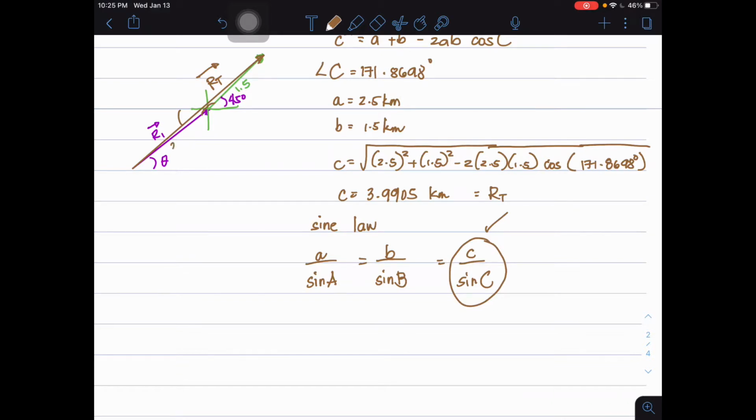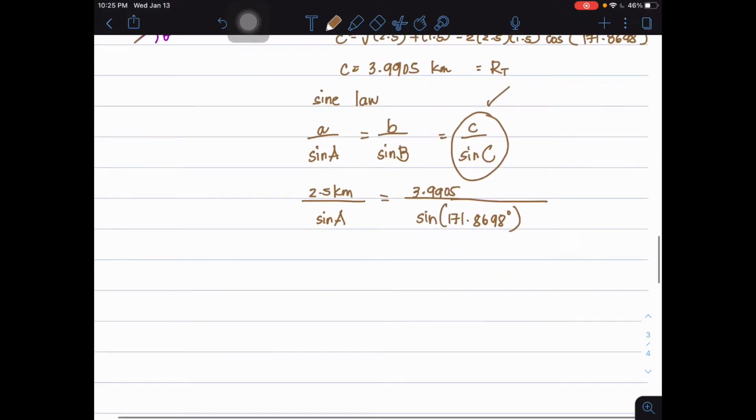So we have 2.5 kilometers over sine A is equivalent to C, 3.9905 over sine of 171.8698.